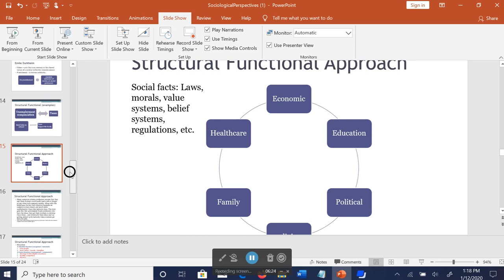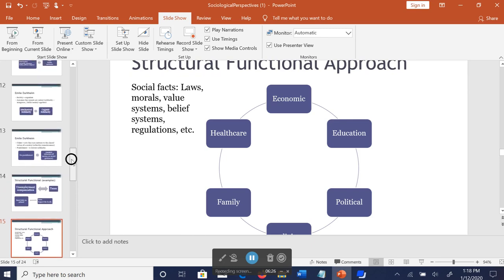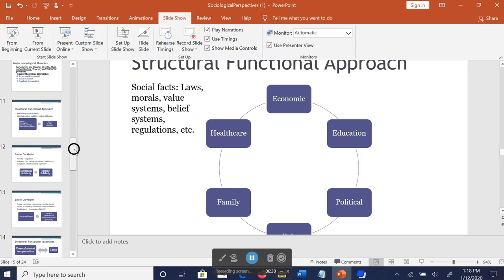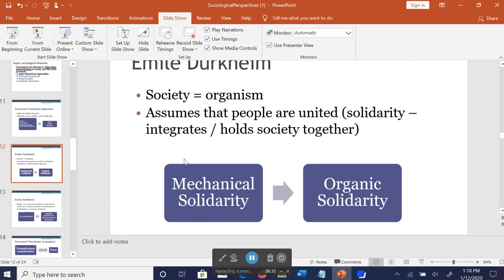So, the functionalist theory was initially coined by Emile Durkheim. He sees society like an organism, like a cell, with the nucleus and different parts of the cell. And all these different parts of a cell or organism have different functions.